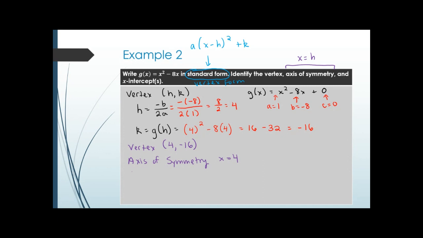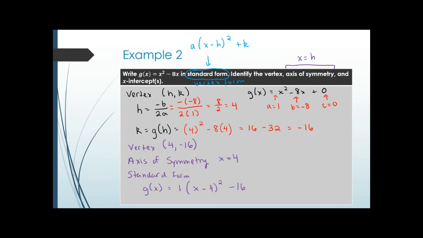So our standard form, or vertex form, is g of x equals 1. We don't even really need to write that 1, but we can put it there. x minus the h value, which is 4, squared, then plus the k value. Now our k is negative, so we can just write minus 16.